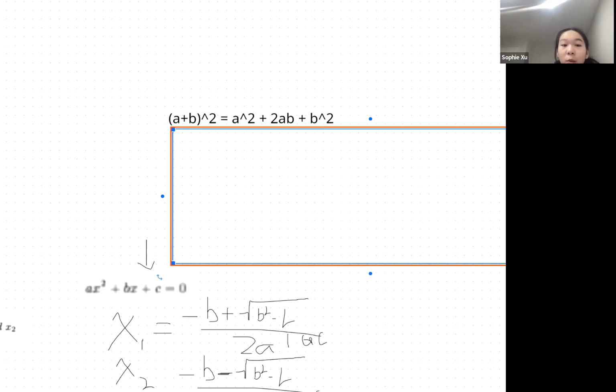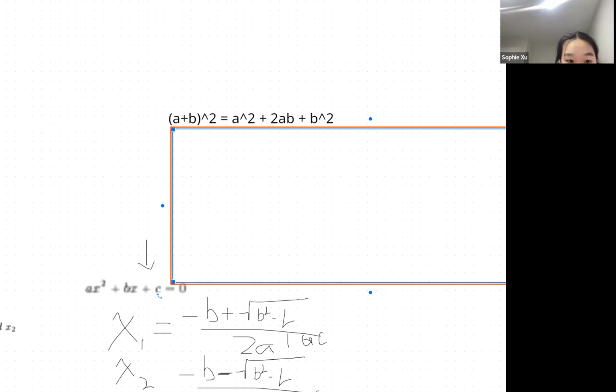Since we only want x left on the left side, we get x is equal to this minus b over 2a. Since this has a common denominator, we can just go negative b plus minus that, and then this whole thing over 2a.